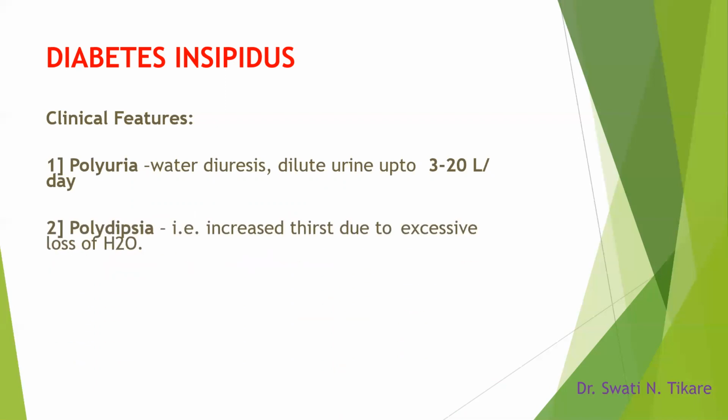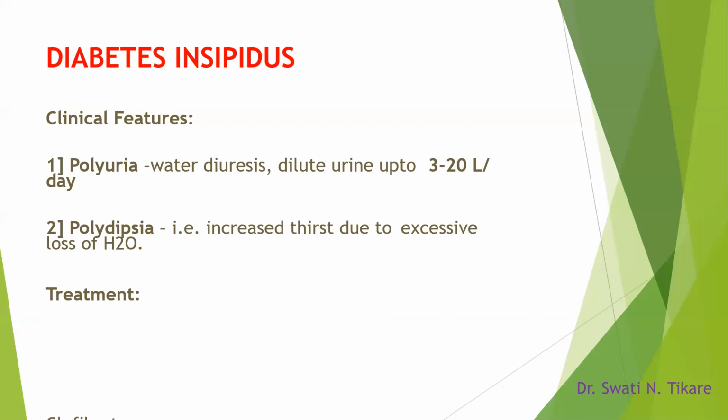Once so much water is lost, the person is very thirsty, which is called polydipsia, increased thirst due to excessive loss of water. These are the two important features of diabetes insipidus.